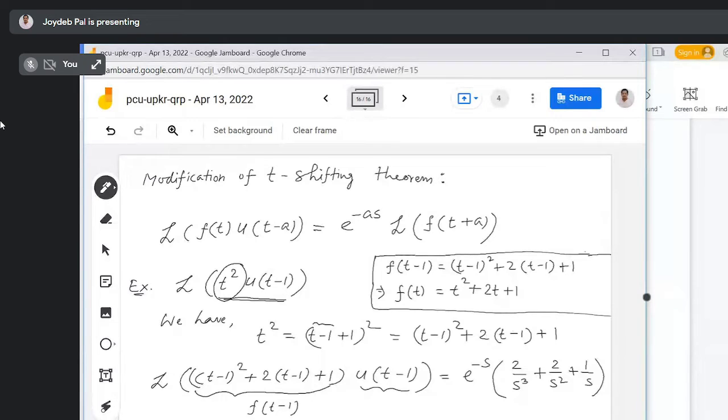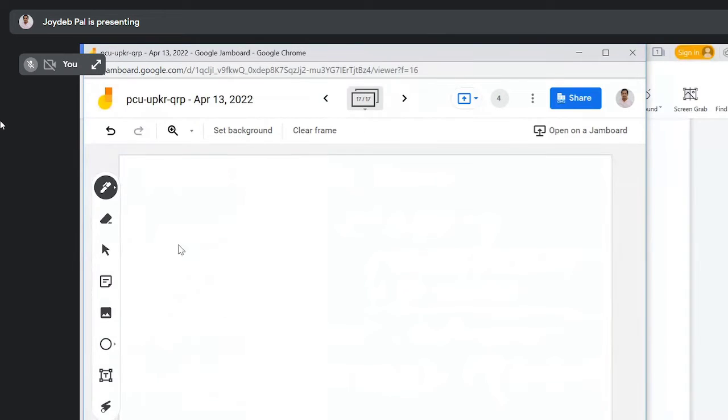Then from that f(t minus a) you have to find f(t). So there are many manipulations, but if you use the modification rule, the modification of t shifting, it is much easier. You will get it directly. So I am showing the same example in an alternative way.